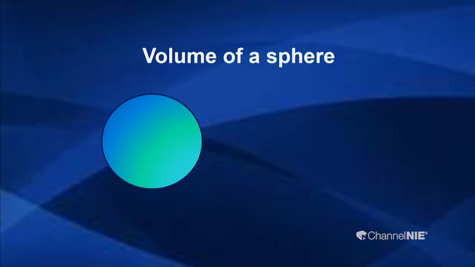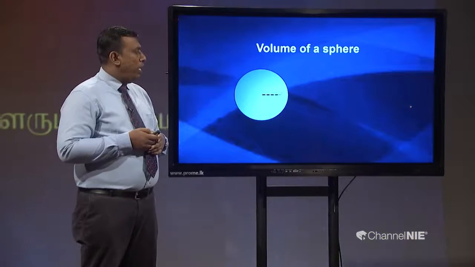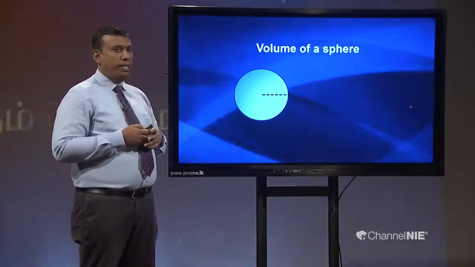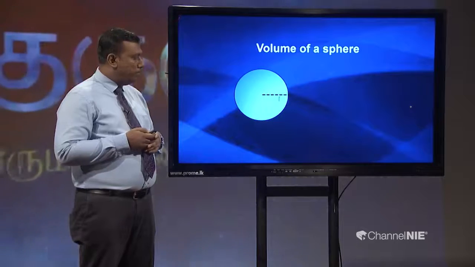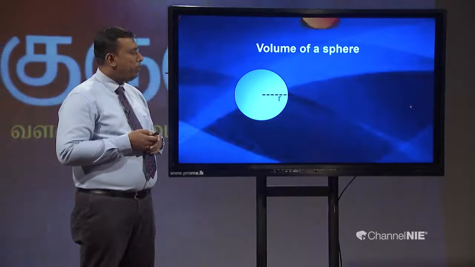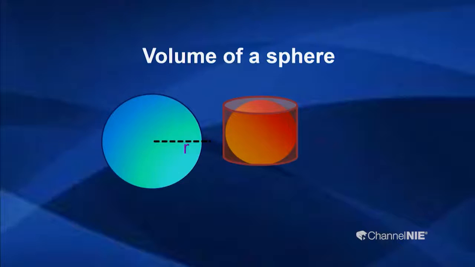Another one, that is another important solid. Here there are no vertices or edges, there is only one surface, that is the sphere. Here we can measure the radius of this one, it is r, and look here, that is what we call the circumscribed cylinder.